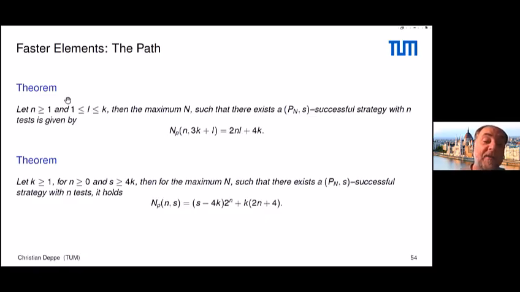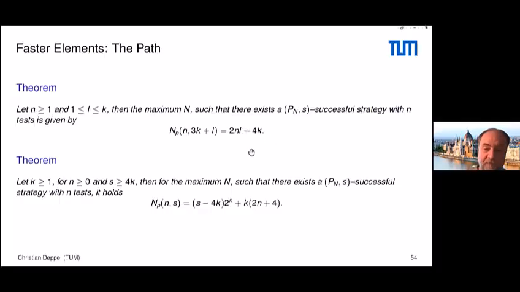You have to decide between the cases: if L is between 1 and k, and our S is between 3k and 4k, so we have 3k plus L somehow, then we are in the case where we can make this trick again by asking for these intervals, and depending on this L we get 2nL plus 4k.